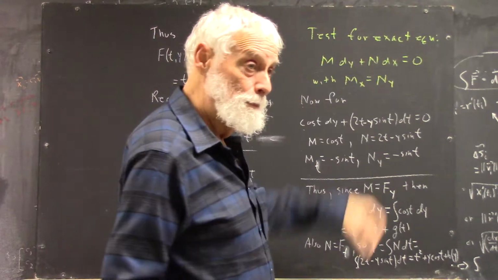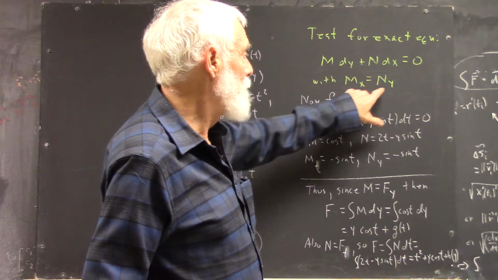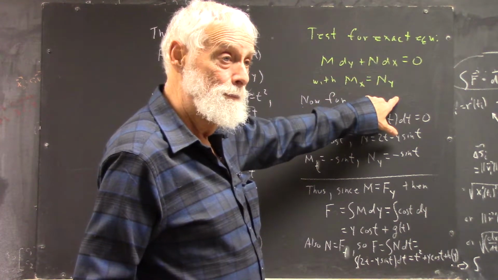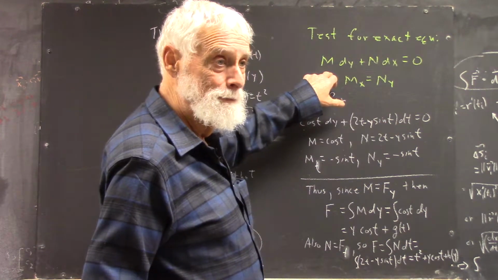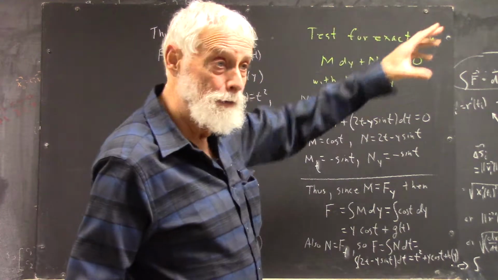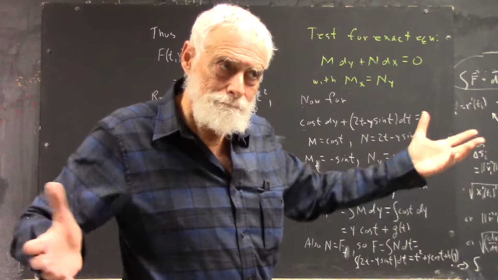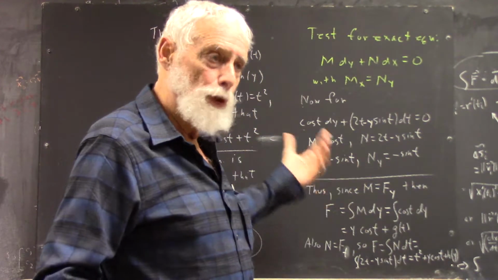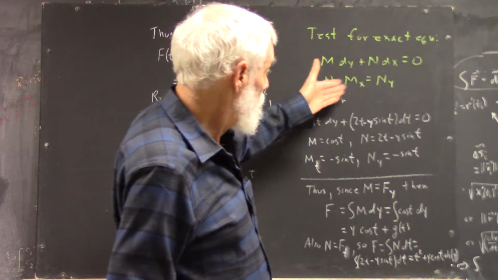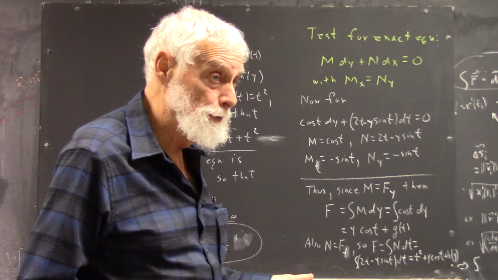And if that's so, then M_x has to equal N_y, because M_x would be your f_yx, and your N_y would be your f_xy. So you can go back over the steps that I went through in telling you why this is so. Make sure you understand them, then you understand exact equations.